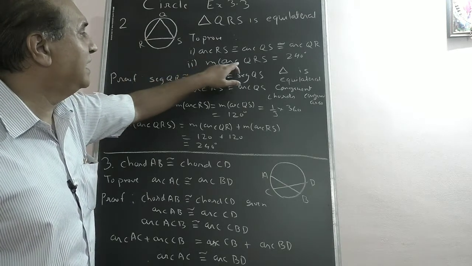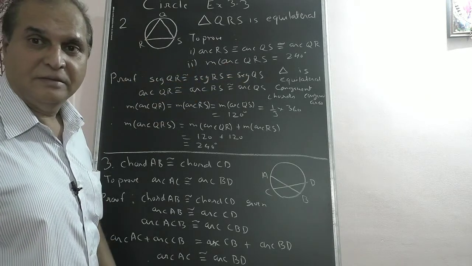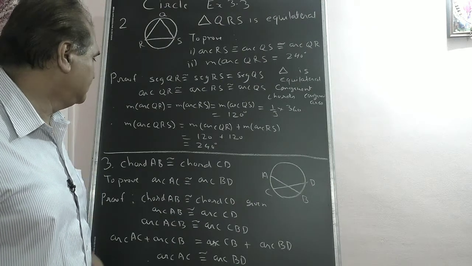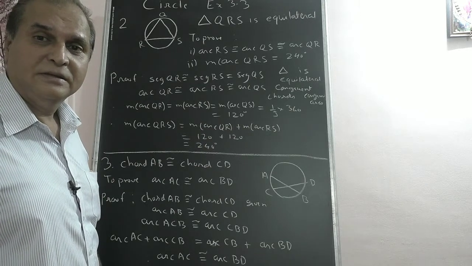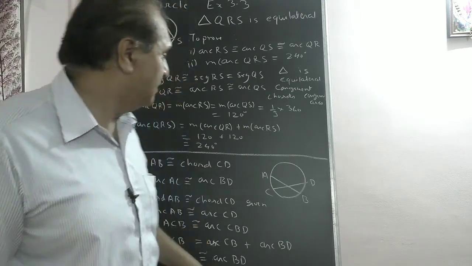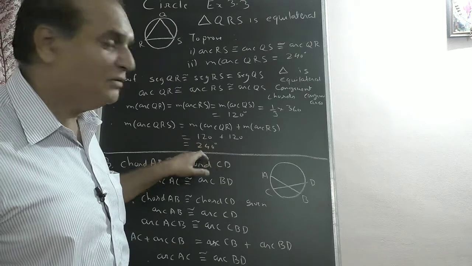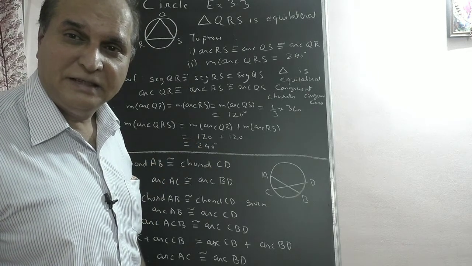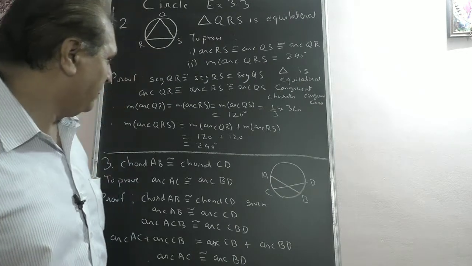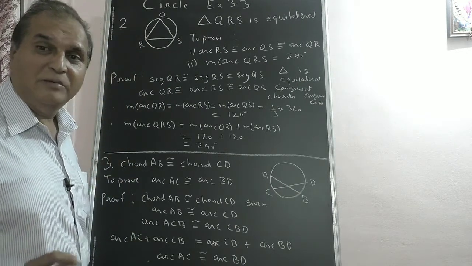What is the second question? Measure of arc QRS you have to find out. It is measure of arc QR plus measure of arc RS. Simple. 120 plus 120, 240. Understood? Easy. Any doubt, write in the comment box.